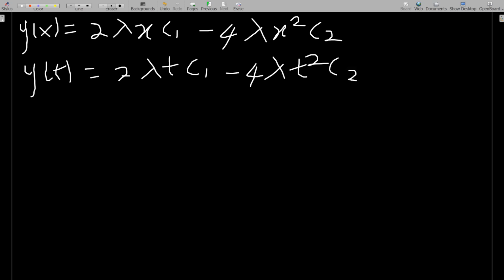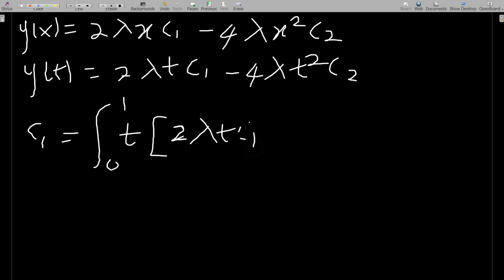So therefore our c1, which is equal to integral from 0 to 1 of t into y of t, is also what? Integral of t times 2 lambda t c1 minus 4 lambda t squared c2, then dt, right? I hope this is cool.